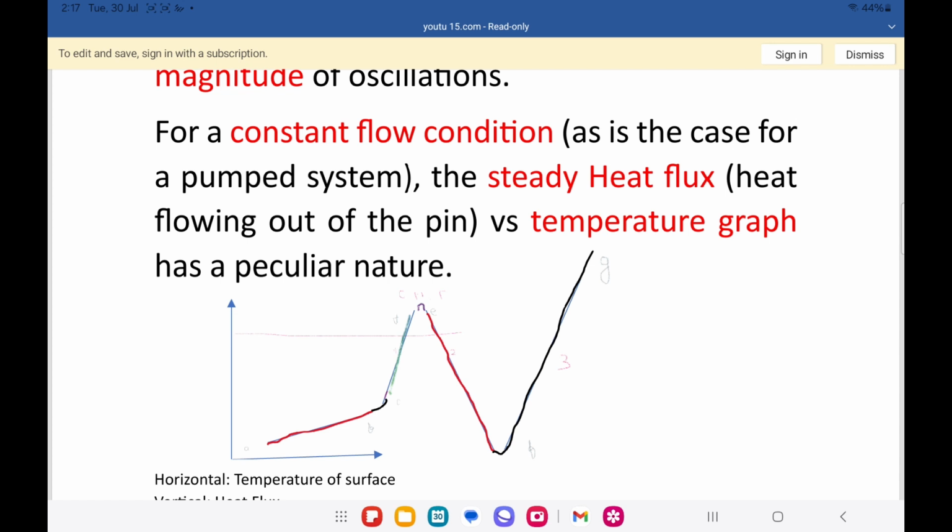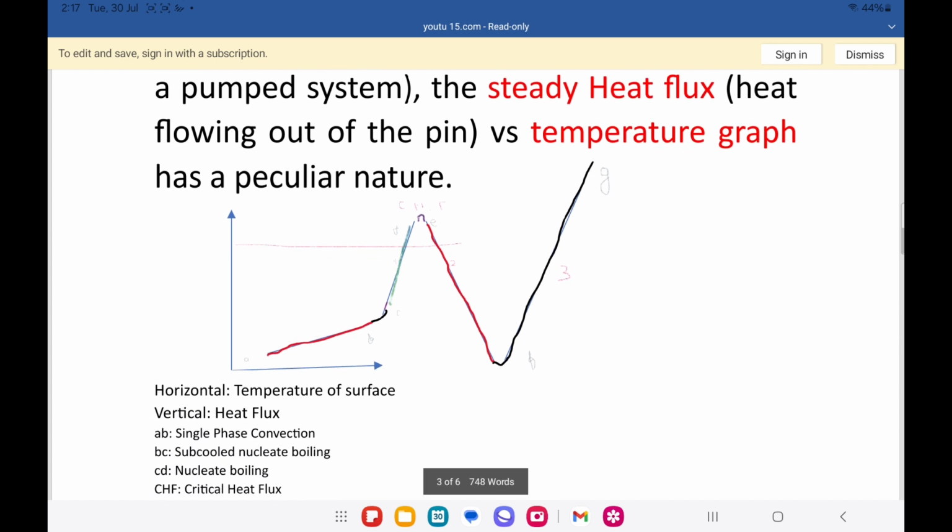The graph of heat flux versus temperature of the surface is shown here. Those who know this graph know that initially, at low temperatures of the wall or at low heat flux, it will be single phase convective heat transfer, which passes on to nucleate boiling heat transfer through a short region of subcooled nucleate boiling.